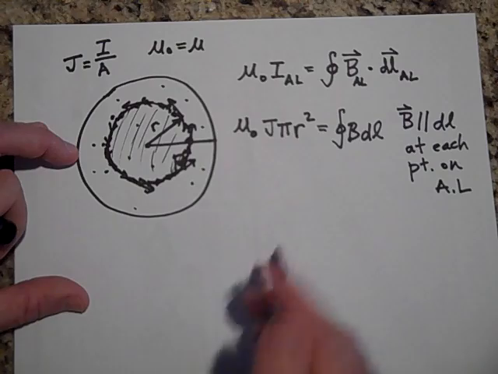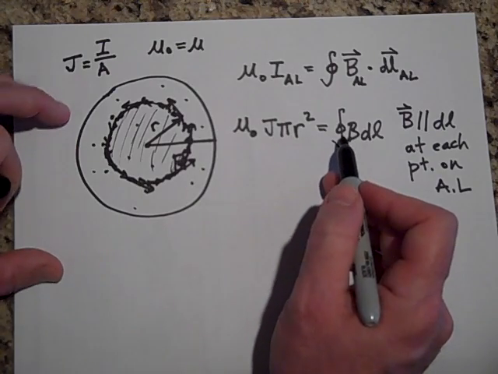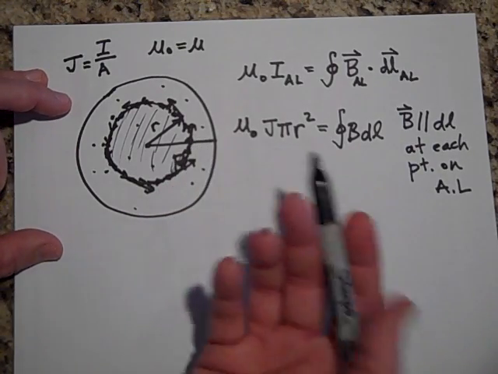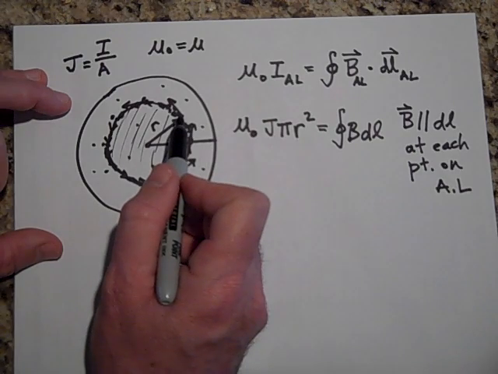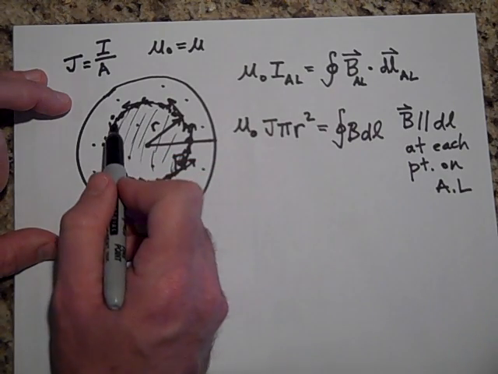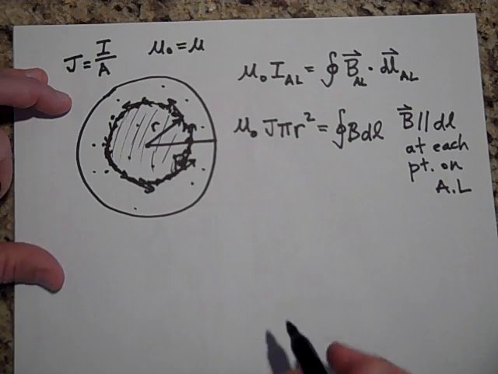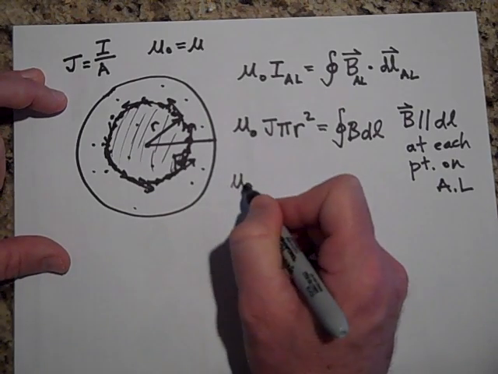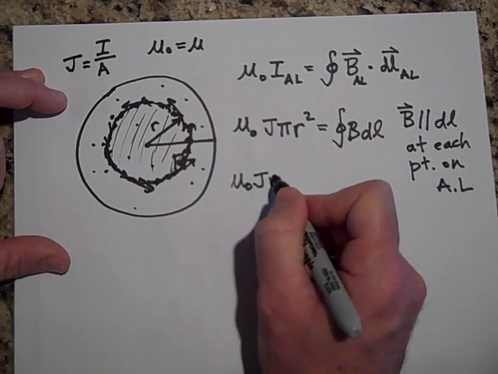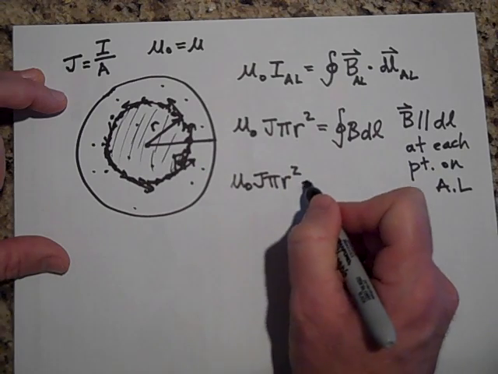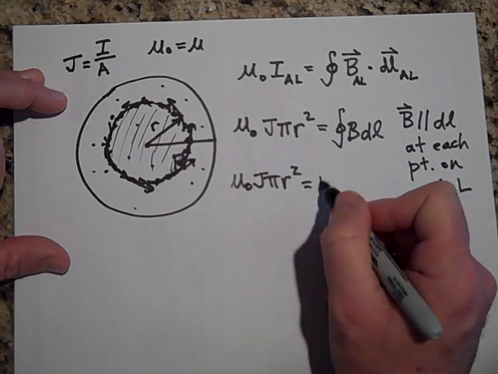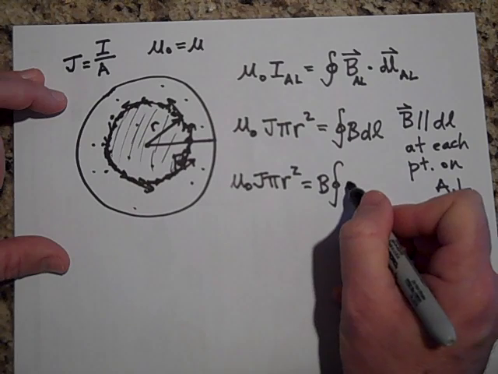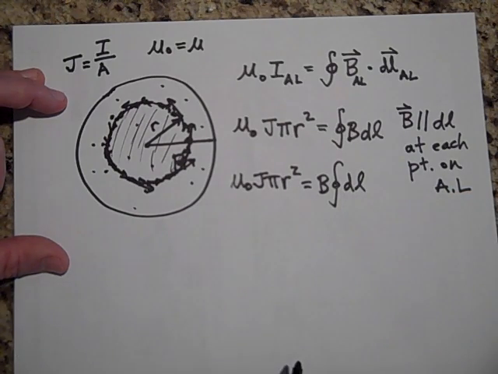Okay, then I'm going to argue that you can pull the B out of the integral because of the symmetry of the situation. Why would B be any stronger here than here than here than here? It's so symmetrical that it wouldn't. And so mu naught times J pi r squared is equal to, when I pull B out, it's just going to be the sum of all the dl's around the loop.